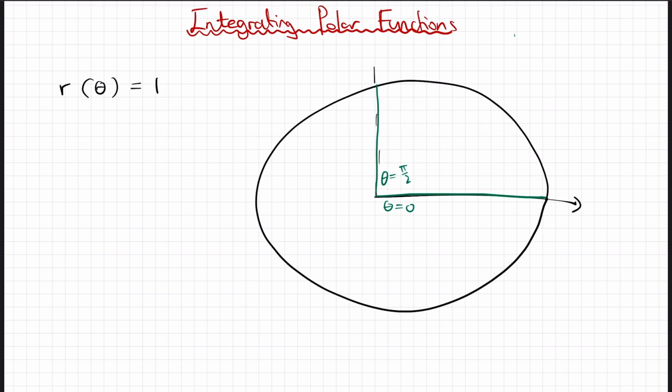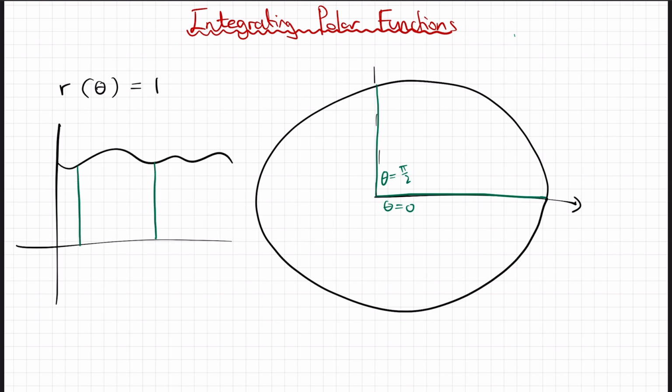And what this comes down to is finding a formula for the base unit of the integral. Like on a Cartesian plane, if we have a function here and we're trying to integrate it between these two bounds, what we do is we split this area into a bunch of tiny rectangles like so, where each rectangle has a height of y and a width of dx.